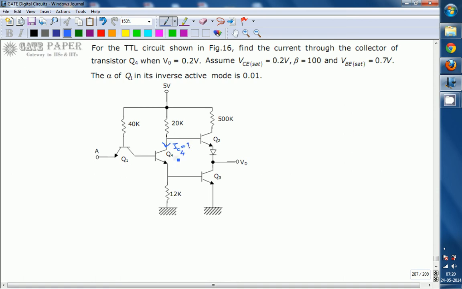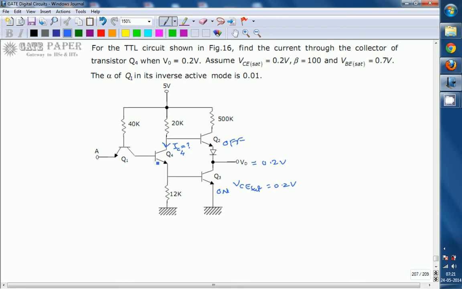IC4 is the collector current of Q4 transistor, and it is given that V0 is equal to 0.2 volts, which is equal to VCE saturation, also 0.2 volts. That says Q3 is in the on condition, and that definitely specifies that Q2 will be in the off condition.